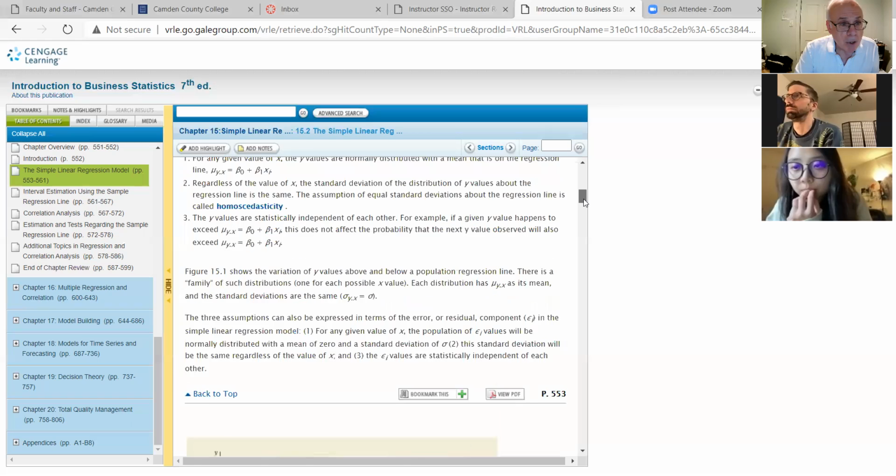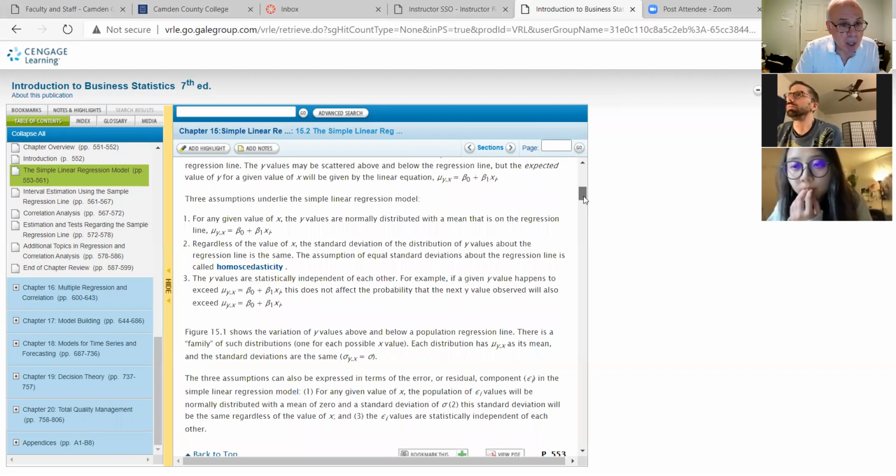That's one of the assumptions, right? So normality, and then this idea of the variance of y being about the same across all values of x, and then the y values are statistically independent of one another. That was the other one.